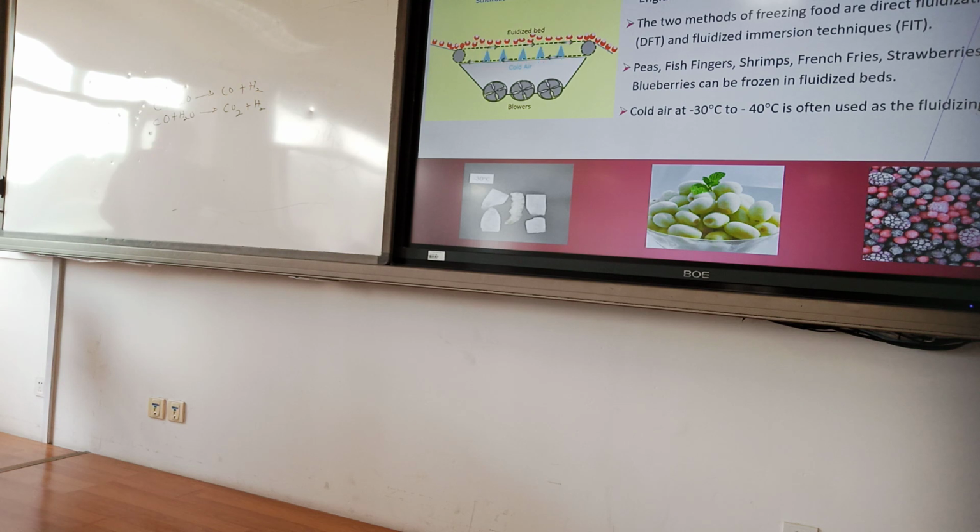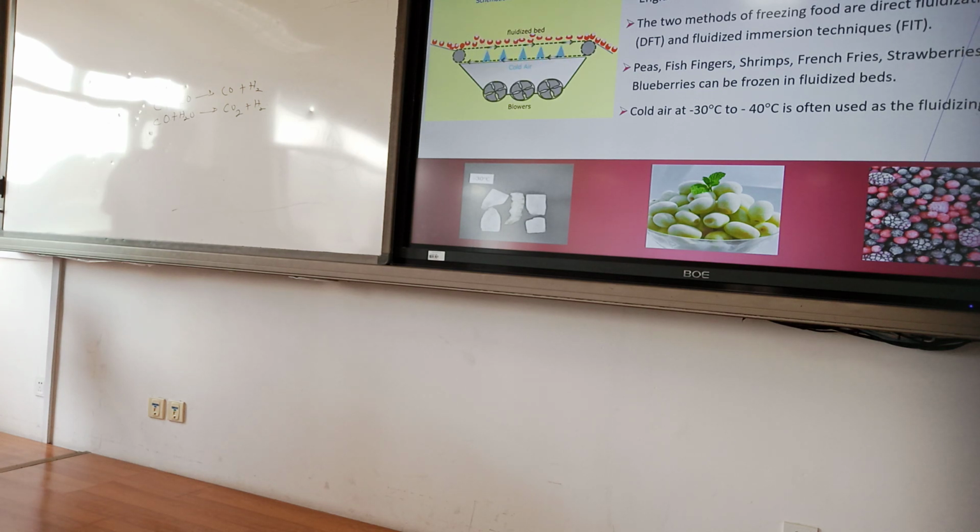And there are two main ways in which food can be frozen using fluidization. One method is to directly suspend the particles in the cold gas stream. This is known as the direct fluidization technique, or DFT. The other method is to use a two-component fluidization.